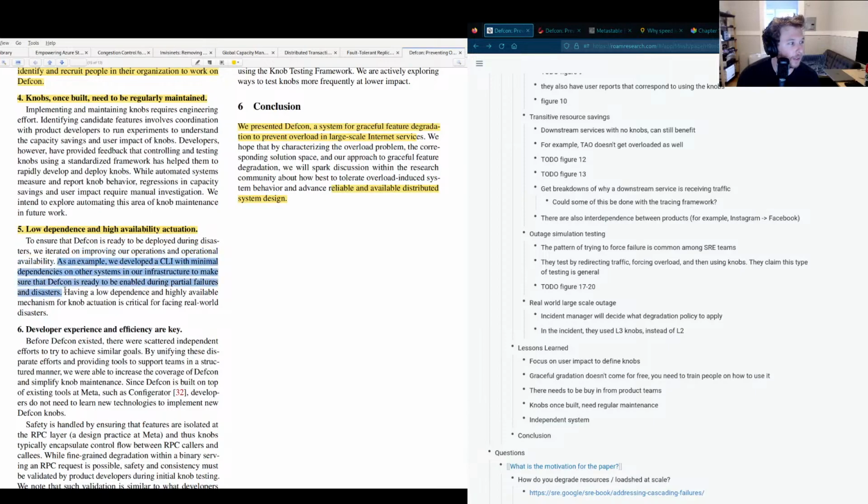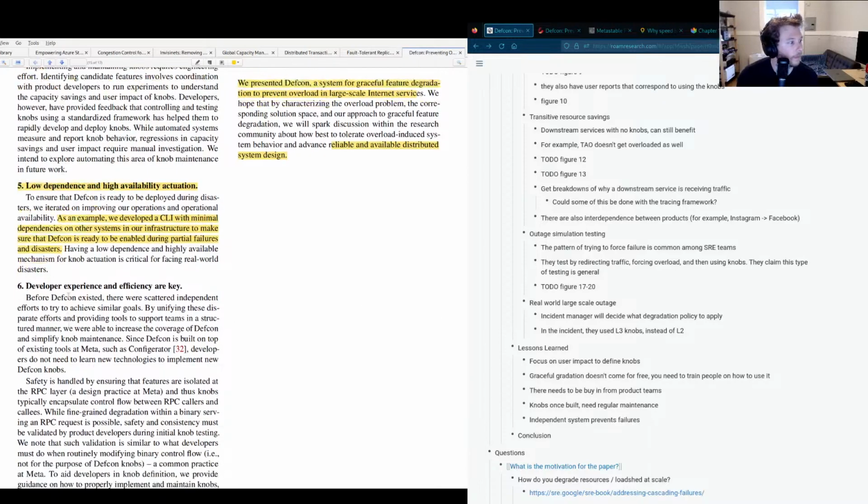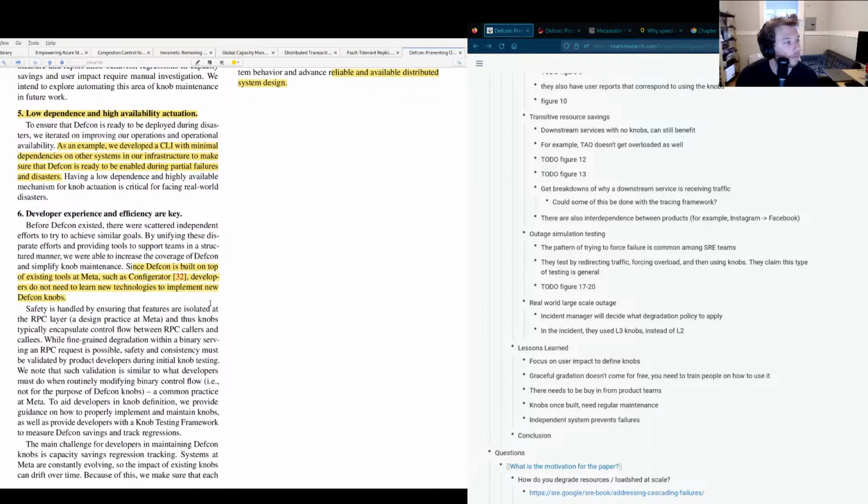It needs to be easy for developers to use, especially if they're interacting manually with it. Okay.